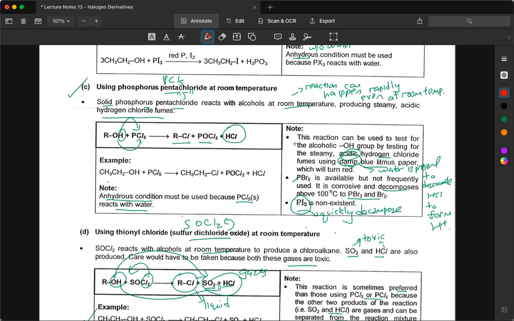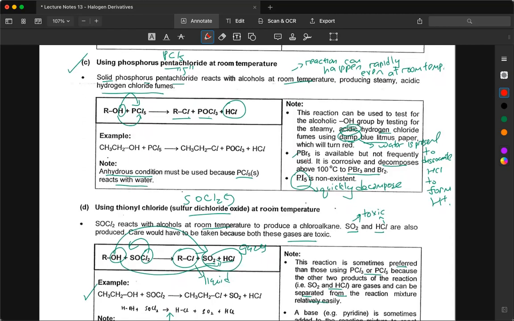So this reaction can be used to test for the alcoholic OH group by testing for the steamy acidic hydrogen chloride fumes. This can be verified by taking a damp blue litmus paper to test the identity of the gas. When HCl is formed, it will dissociate in the presence of water on the litmus paper to form H+ and turn the litmus paper from blue to red.